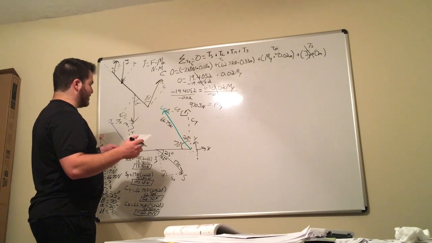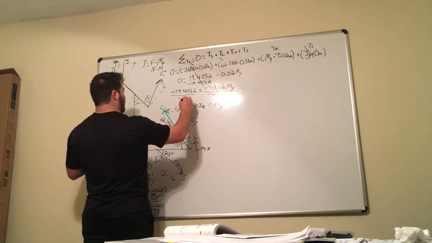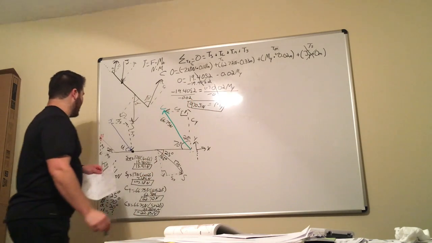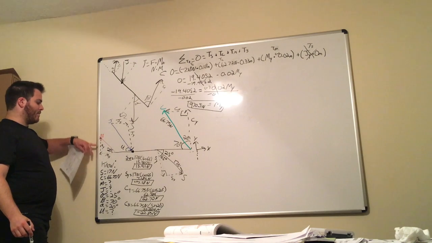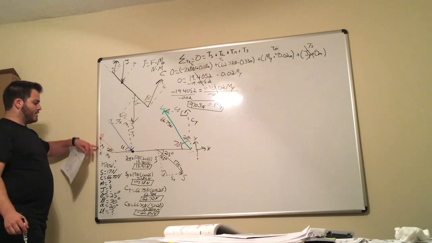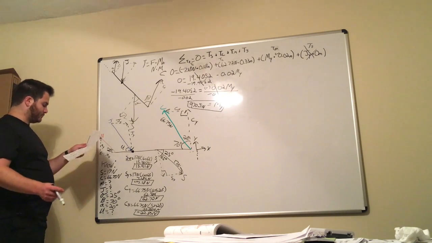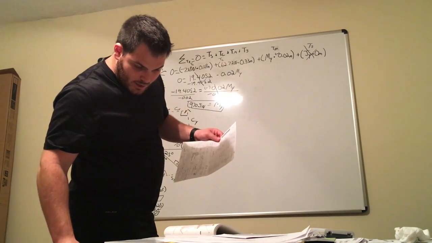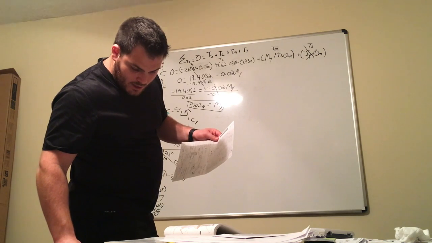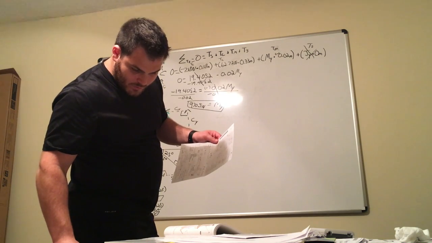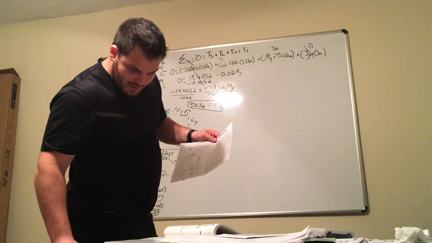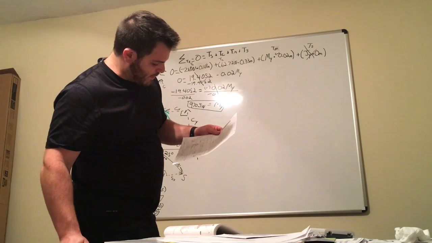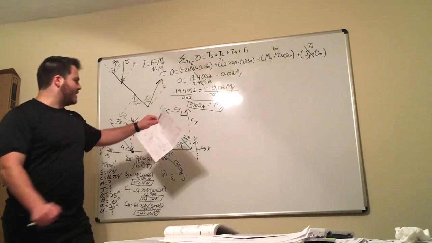Alright, so m of y we just found is 970.5, and remember, it's going in the positive direction, so it's going to be a positive number. Now I believe in the book, the book rounds to 970.5.